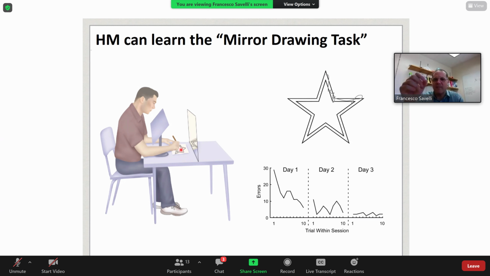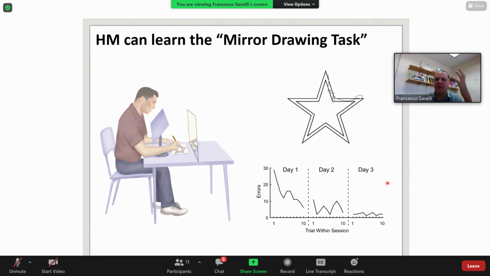So when you make a movement, you have to move in the other direction relative to what you're seeing in the mirror, right? So it can be disorienting at first, but people learn it and they get better. And so you could see day 1, day 2, day 3, the errors that he would make would just drop. So from day 1 to day 3, he had learned to do this task better.